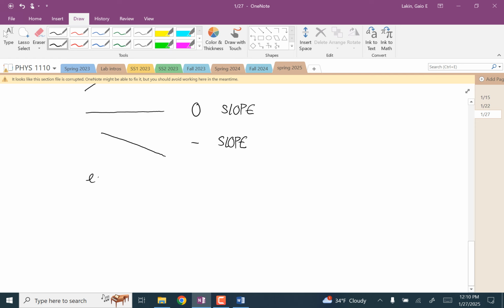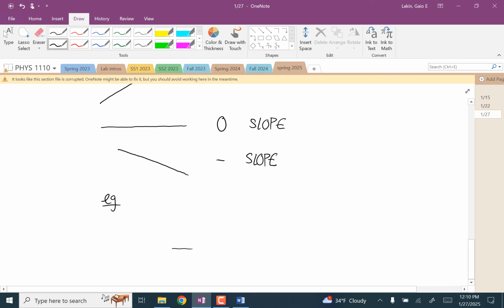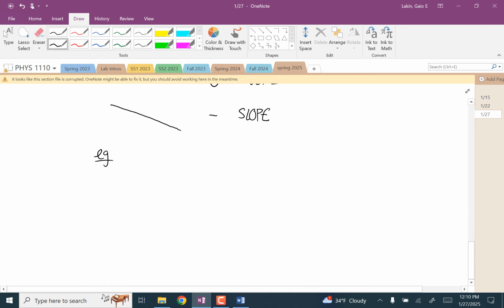Okay, so for example, let's say you're looking at a position versus time graph that looks like this. Does P go on the vertical or horizontal axis? Vertical, perfect. And time is on the horizontal. And let's say that your position versus time graph looks like this.